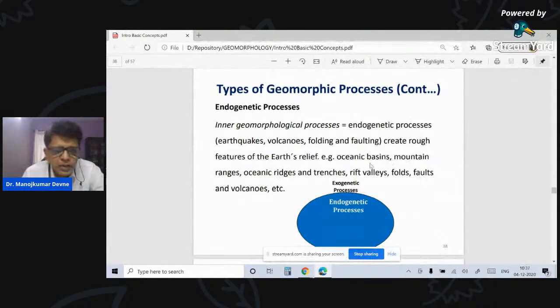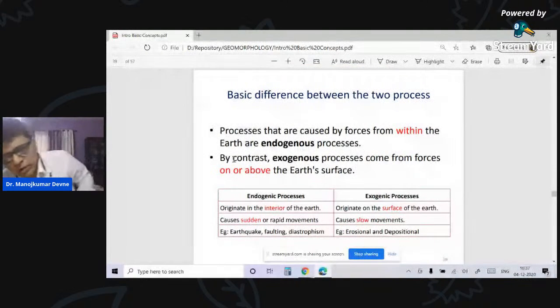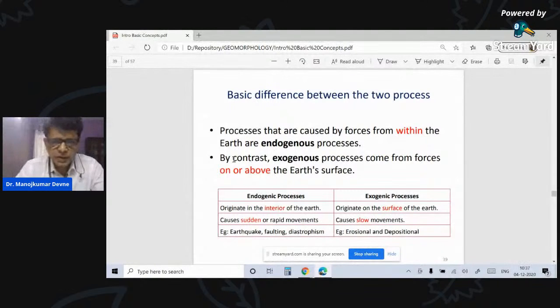The reasons which lead to the formation of oceanic ridges, trenches, valleys, faults, everything of this can be related to what comes from the interior of the earth. So the basic difference between the two: processes caused within the earth are endogenous. In contrast, exogenous processes come from the forces above the earth. Endogenic processes originate from the interior. They are sudden or rapid.